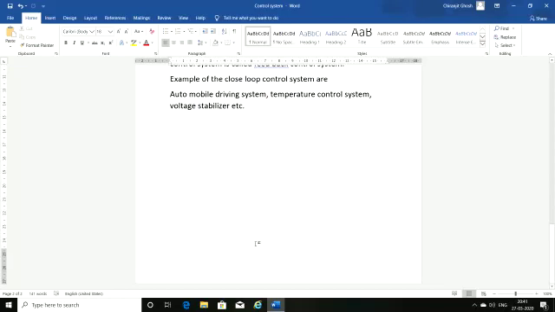Okay, so today we will discuss the transfer function. What is the transfer function?